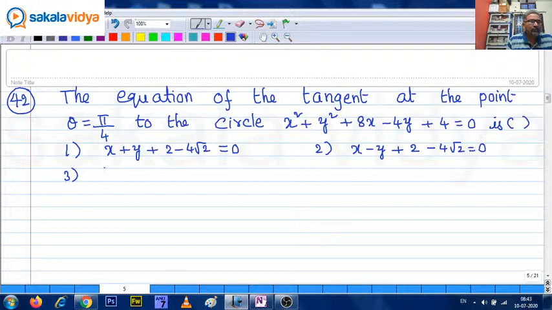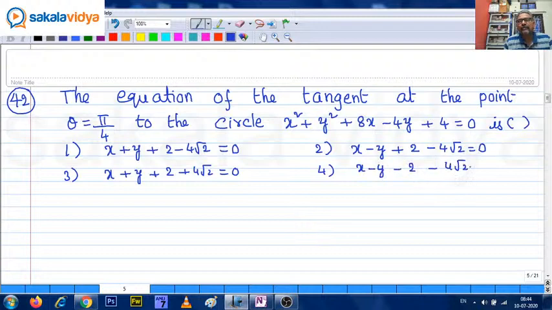Third option, x plus y plus 2 plus 4 root 2 equals to 0. Fourth one, x minus y minus 2 minus 4 root 2 equals to 0. 42 question. Yes, correct.